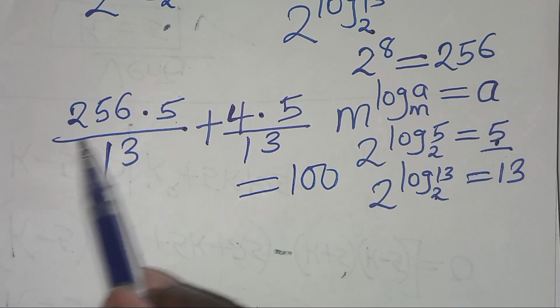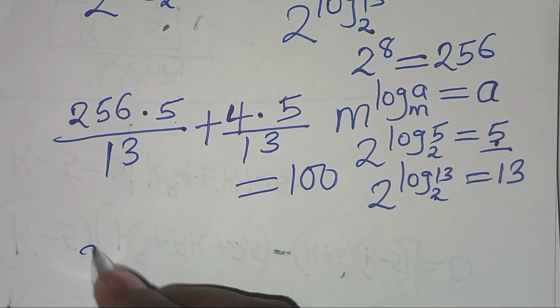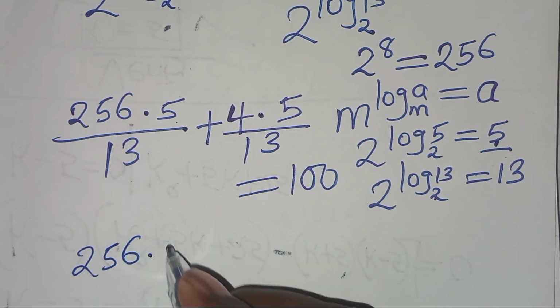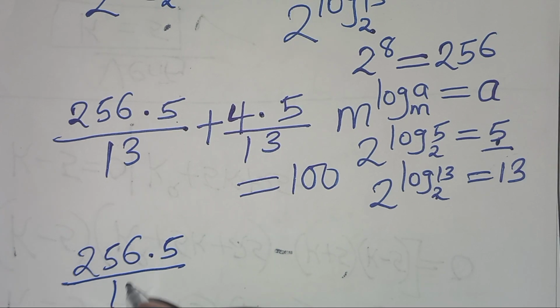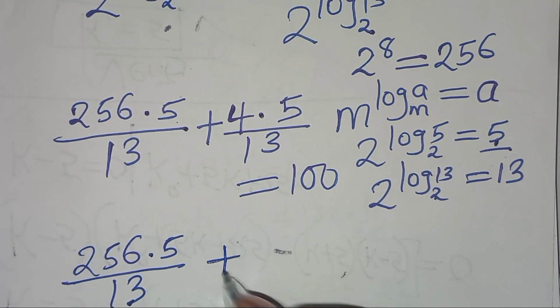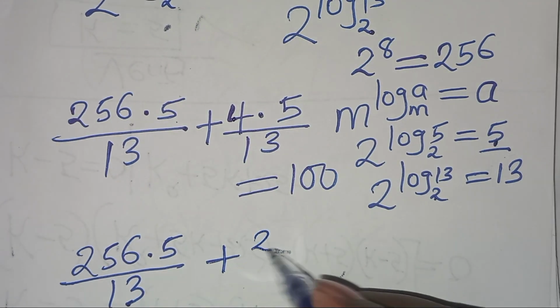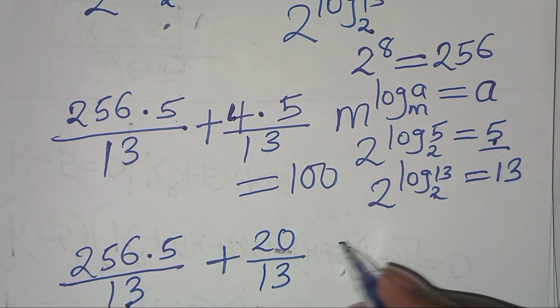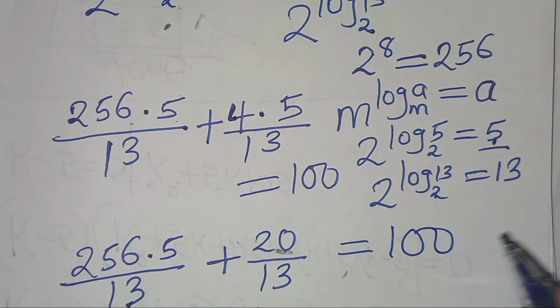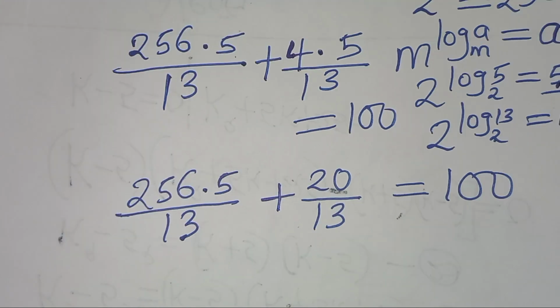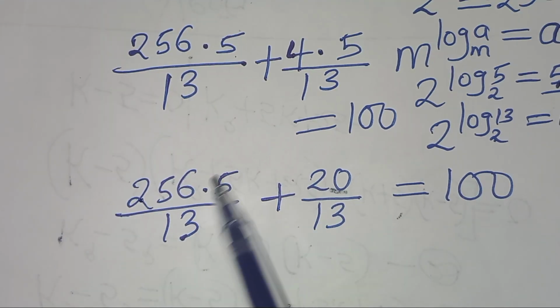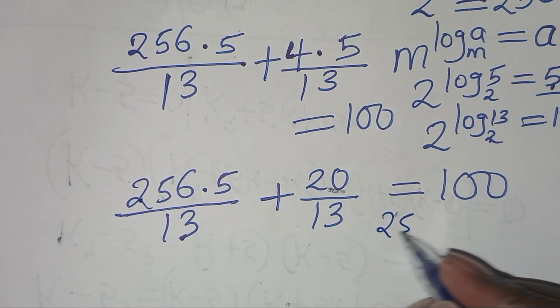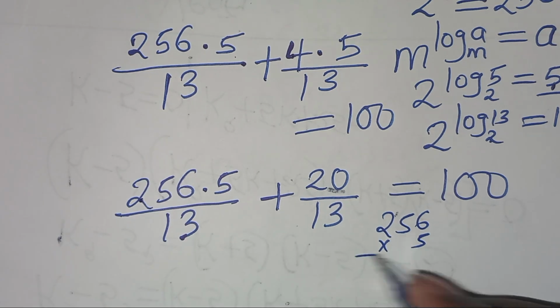Now let's proceed from here. We have 256 multiplied by 5 divided by 13 plus 4 times 5, this is 20, divided by 13. This should give us a value of 100. So here we have 256 times 5.